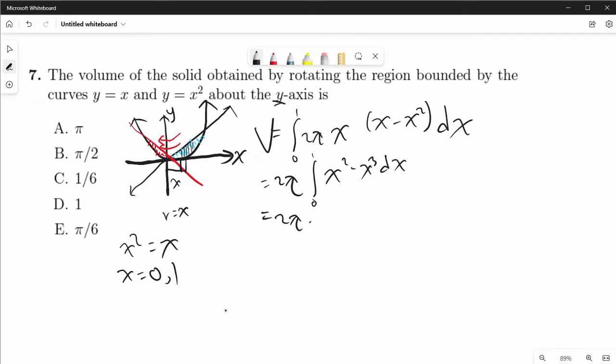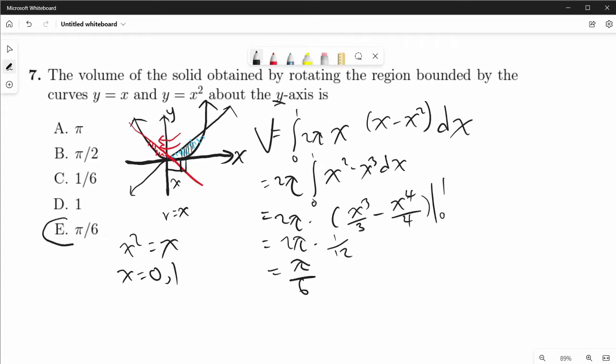2 pi times, that would be x cubed over 3 minus x to the 4th over 4, evaluated from 0 to 1, so 2 pi times, that'd be 1/3 minus a 4th, so 1 over 12, and then minus 0 plus 0, doesn't matter that much, we have pi over 6.